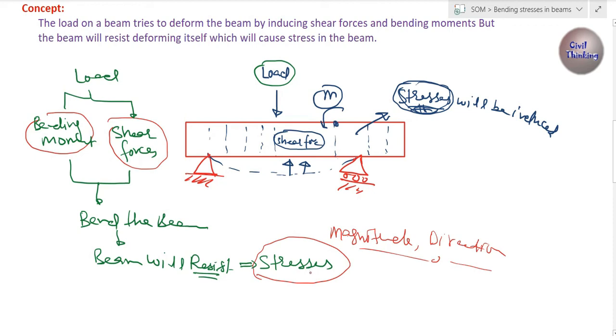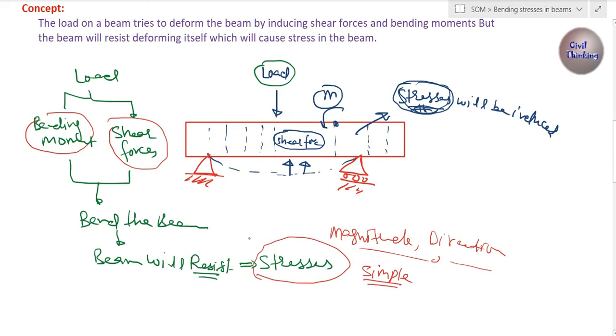It will be very hard to find the stresses. I'm not saying it's impossible, it is possible definitely, but we cannot have a simple equation to find these stresses. And we want a simple equation. We don't want to use a lot of computer programs to find these stresses.